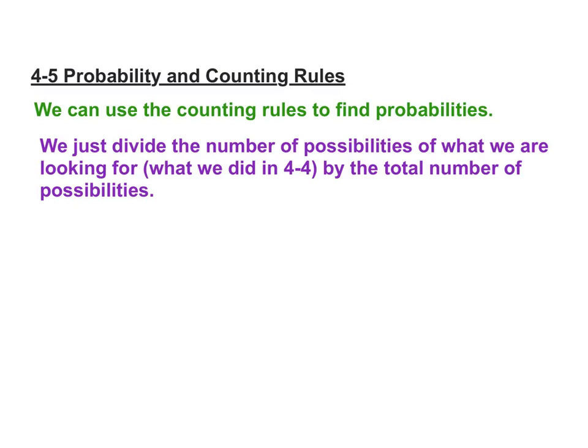That concept is not going to change. How we determine the number of ways the event can happen is where we're going to use some of those counting principles, combinations and permutations.